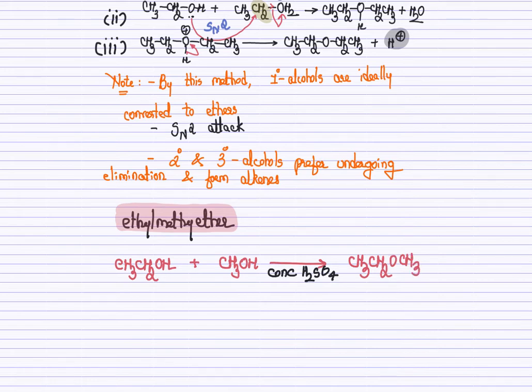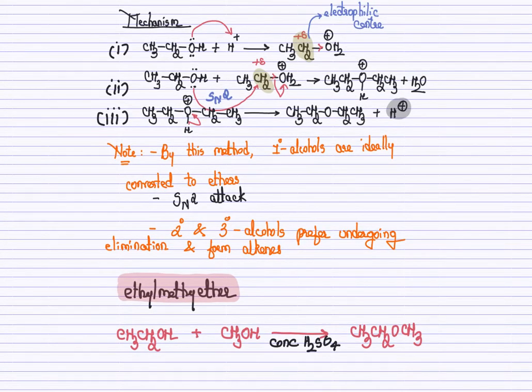Right? This is one of the products. But just think, is it not possible that two molecules of methanol react with each other, or two molecules of ethanol react with each other, the way it happens here? Where two molecules of ethanol are made to react and we get diethyl ether. Here also we've taken ethanol, there are acidic conditions.